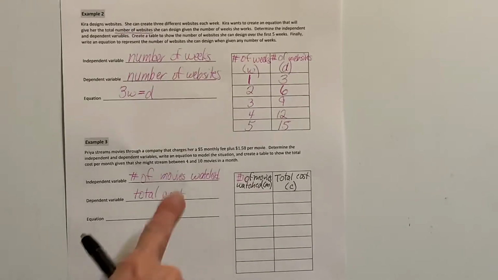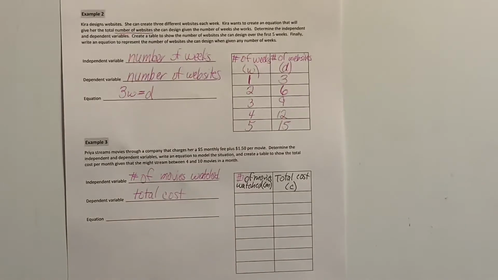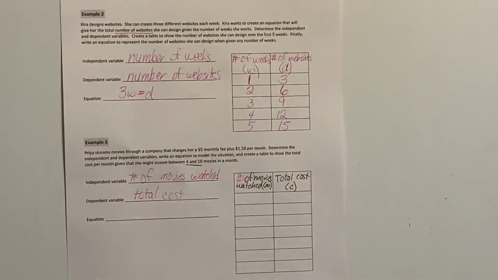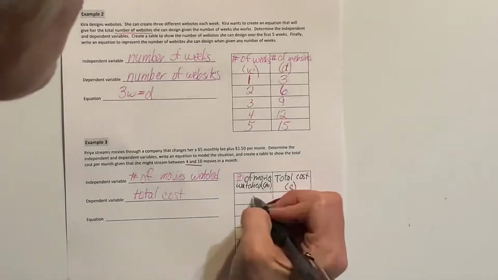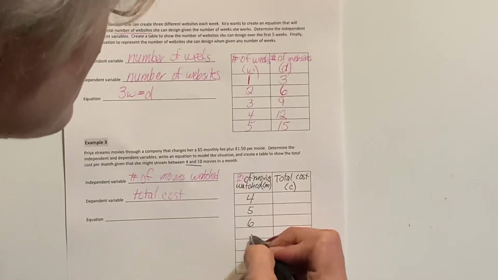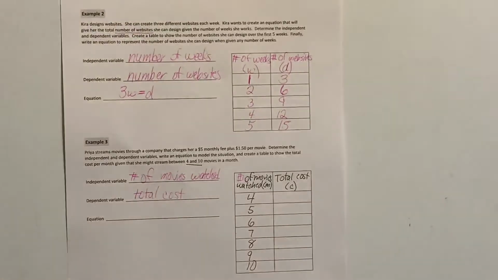So we know it says here streaming between 4 and 10 movies in a month. So that must be the range that she usually streams movies. So we already know those are the values that we're going to place in the independent variable part of the chart. So 4 movies, 5, 6, 7, 8, 9, and 10.